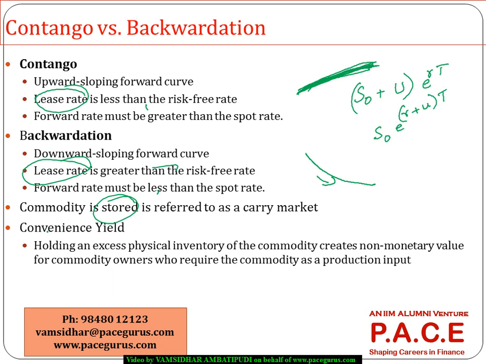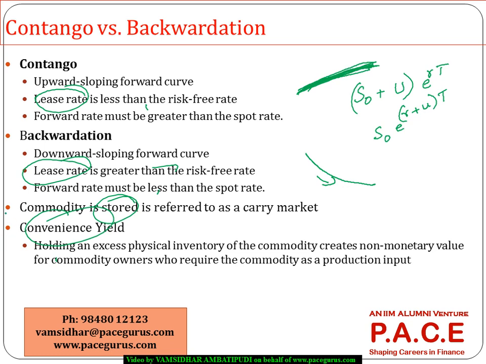So that is one. And commodity convenience yield: in some cases holding the security or holding the commodity can give you some benefit. See, the normal thing is perishability and all these things, they are the negative side. In some cases what could happen is holding the commodity may give you some extra benefit compared to selling it off today itself.